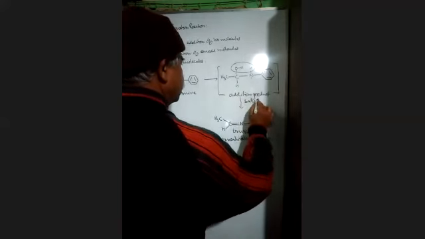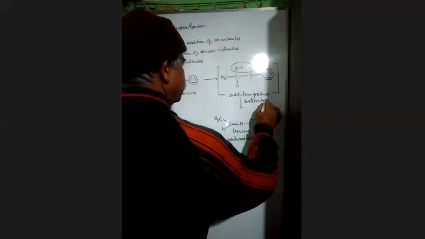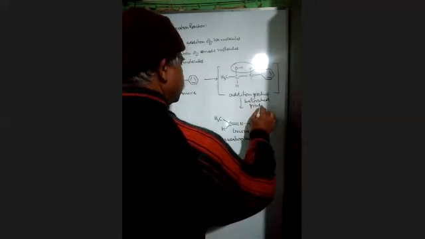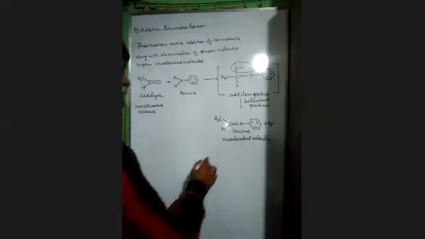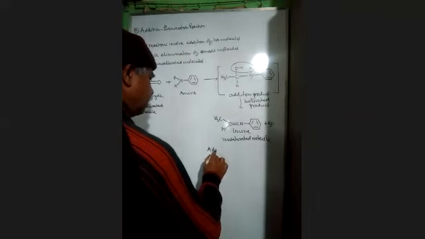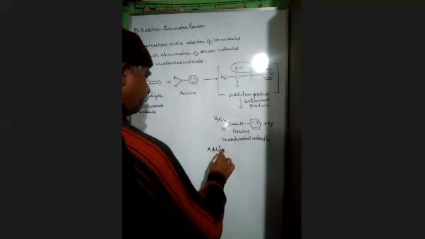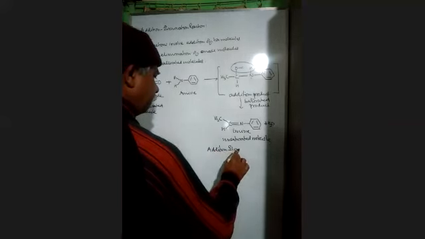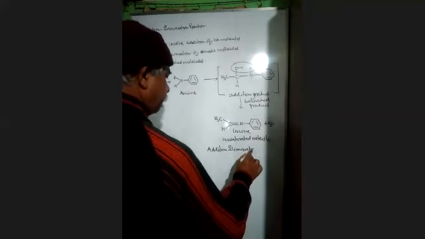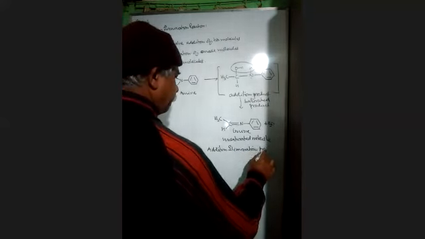No double bond. Okay. So this is called addition elimination. You will come across this example in class 12. So if you do not know, then you have to learn by heart.